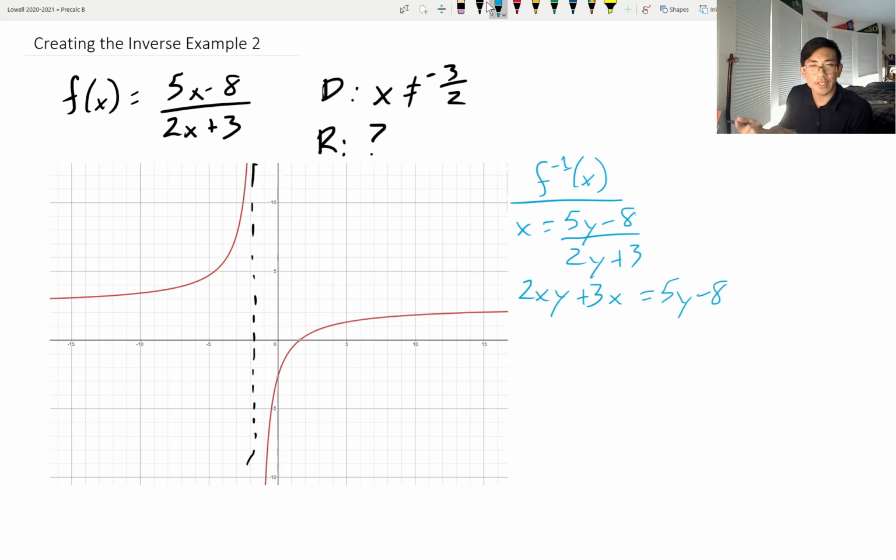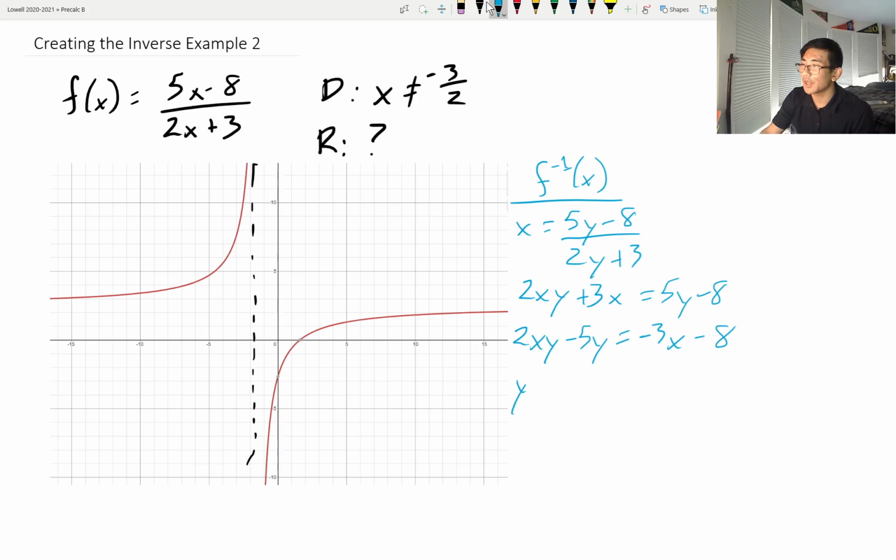Well, I need to get all the y's on one side at some point, so I'm going to put the 5y on the left side, and I'm going to put the 3x on the right side. So I'll get 2xy minus 5y equal to negative 3x minus 8. Now we can see that you can factor out the y on the left.